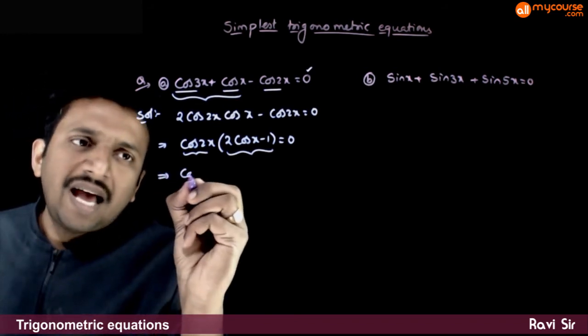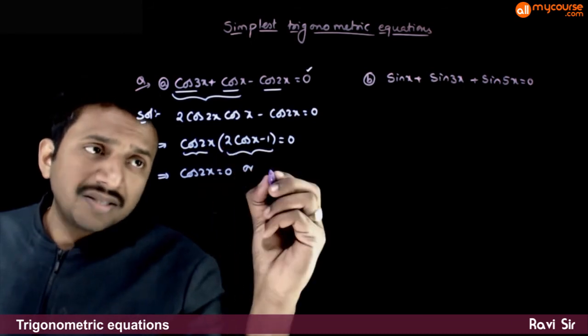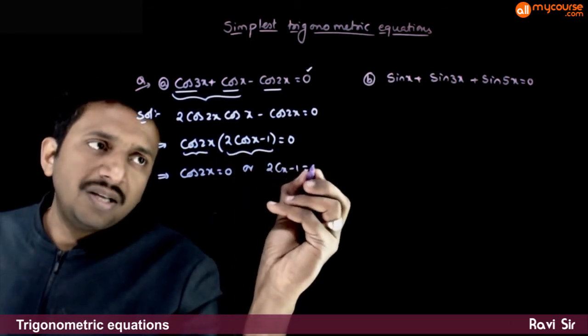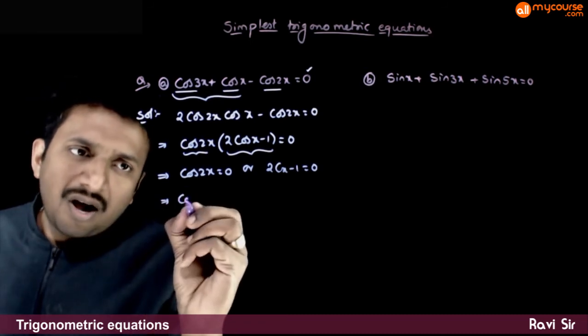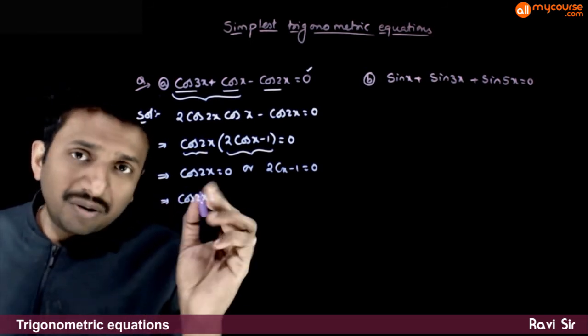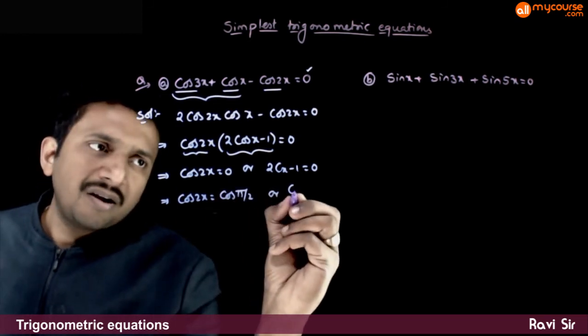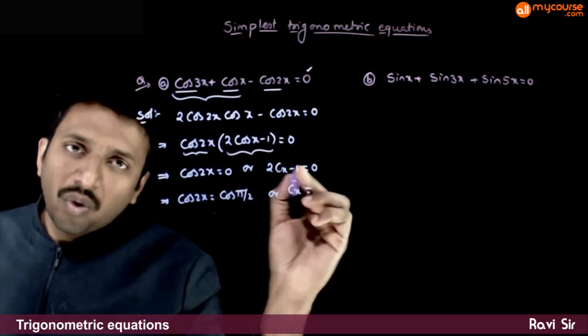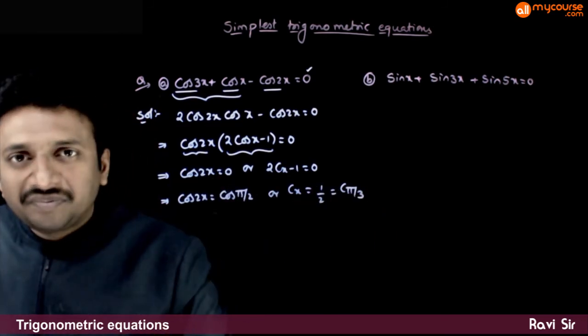This implies either cos 2x is equal to 0, which corresponds to cos of pi by 2, or 2 cos x minus 1 is equal to 0, so cos x is equal to 1 by 2, which is equal to cos pi by 3.